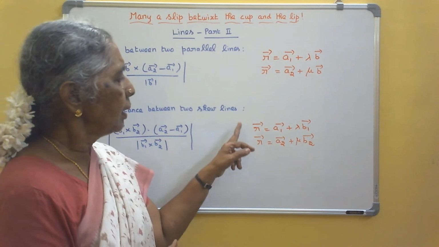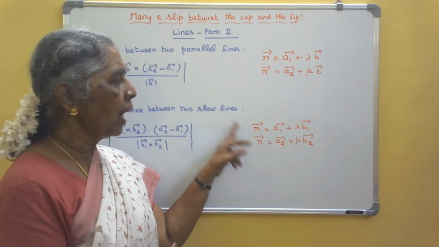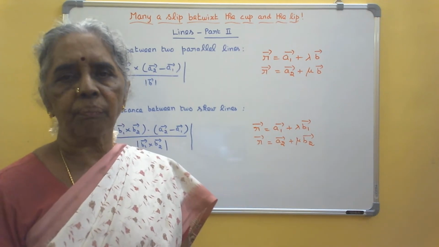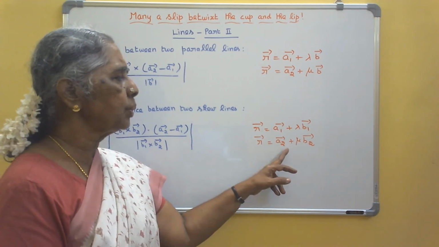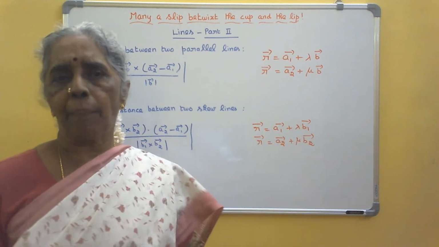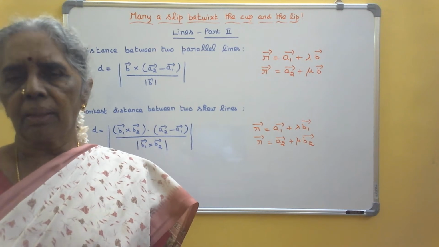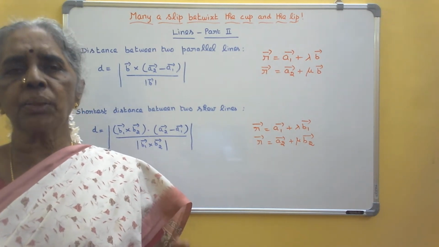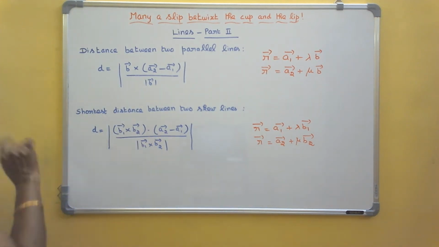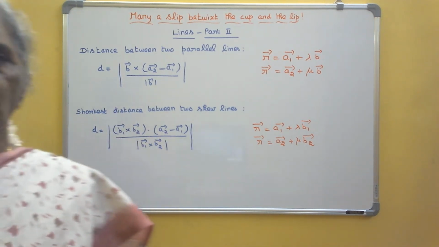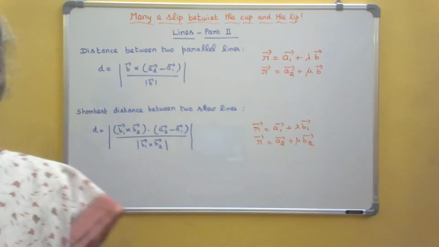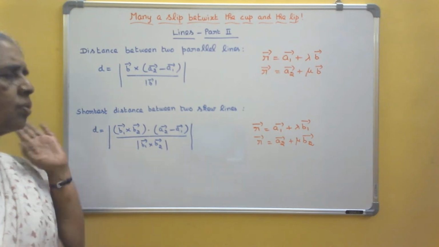Now, consider the two equations here. R vector is equal to A1 vector plus lambda B1 vector. R vector is equal to A2 vector plus mu B2 vector. Here the points are different. The parallel vectors are also different. Now, if you want to find the shortest distance between the two skew lines, the formula is D is equal to mod of B1 vector cross B2 vector dot A2 vector minus A1 vector, divided by mod B1 vector cross B2 vector.